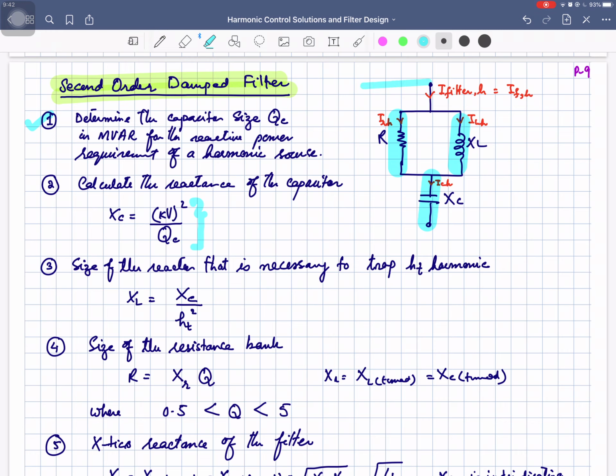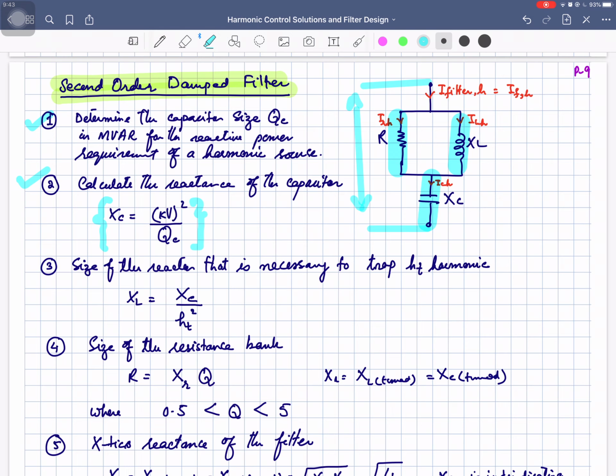The kilovolt basically is the voltage level at which your filter will be connected, and QC is the reactive power that is to be provided by that bank of the capacitor, that is the requirement of your source or of your nonlinear load or of somewhere in the power system in which you are going to connect the filter.